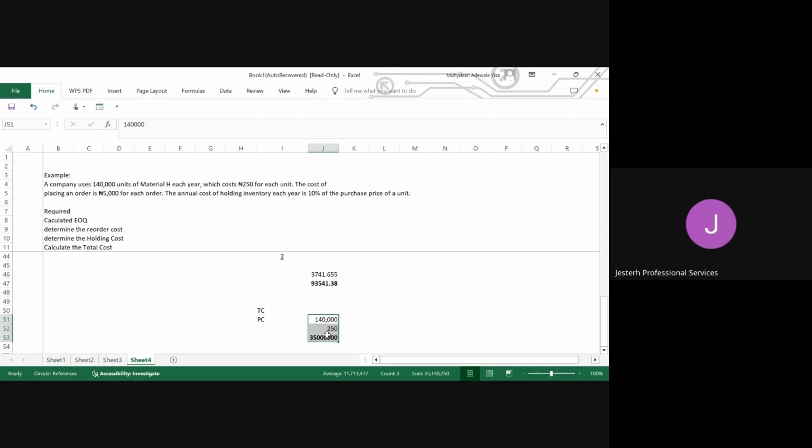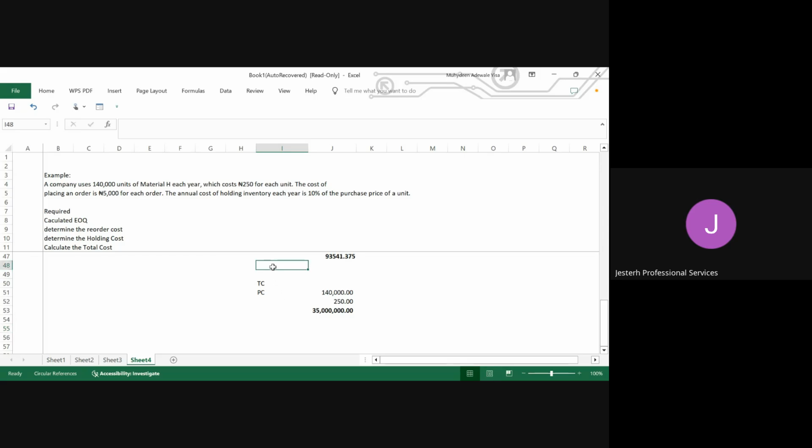So the purchase cost per annum is going to be 35 million. Now, how much is our total cost at the end of the period?